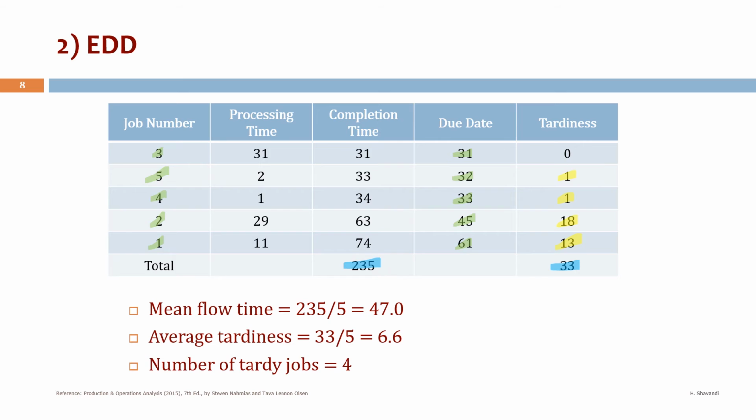Now we can calculate our performance measures. Mean flow time will be total completion time divided by the number of jobs. It will be 47 here. The average tardiness, total tardiness divided by the number of jobs, will be 6.6 here, and the number of tardy jobs is 4 in this case.